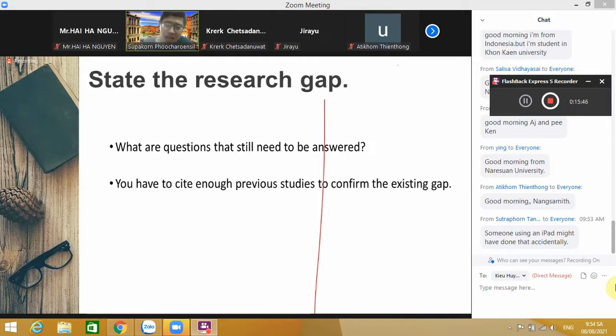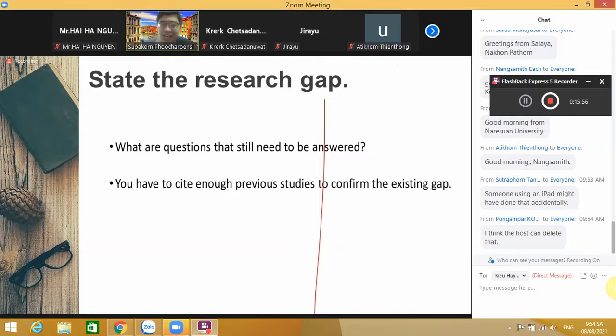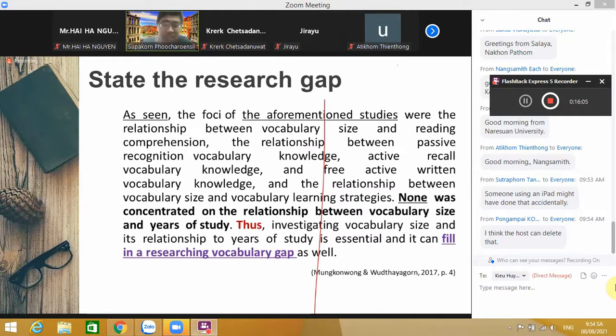Not only in terms of a considerable amount of reviewed literature, but you are also supposed to cite the distinguished scholars in the field, because this is expected and this is what reviewers are looking for, right?